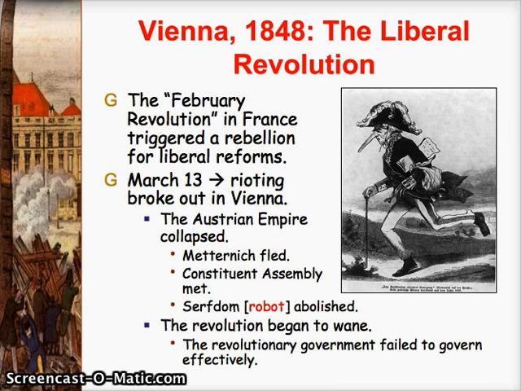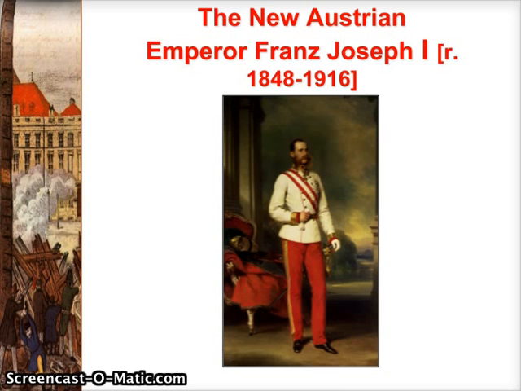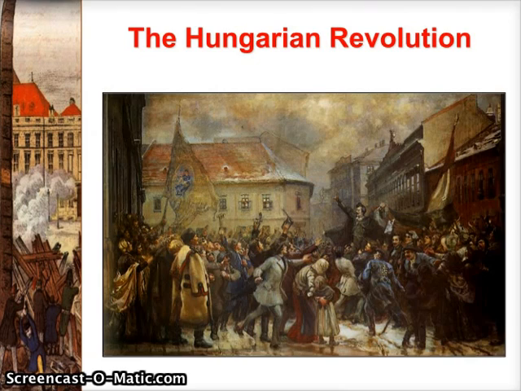The temporary successes that it makes eventually are going to kind of go backwards, in the sense that we're going to see a new emperor be appointed, Franz Joseph I, and as you can see by the length of his reign, 1848 to 1916, if he is the emperor of Austria up until World War I, we're going to see that the monarchy is going to be much more solidified than it was under Ferdinand I, and this is going to mean that some of the liberal movements in Austria were only temporary, but we will talk about some of the long-term achievements that they made.